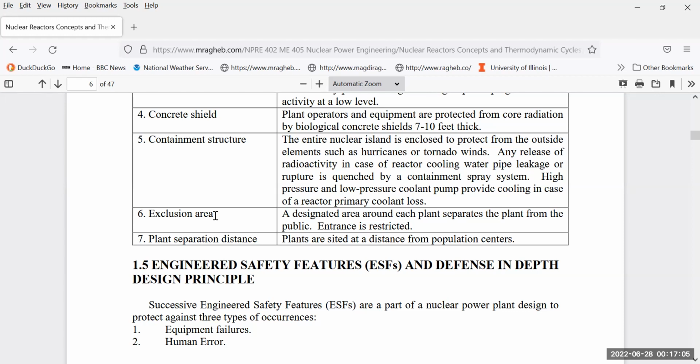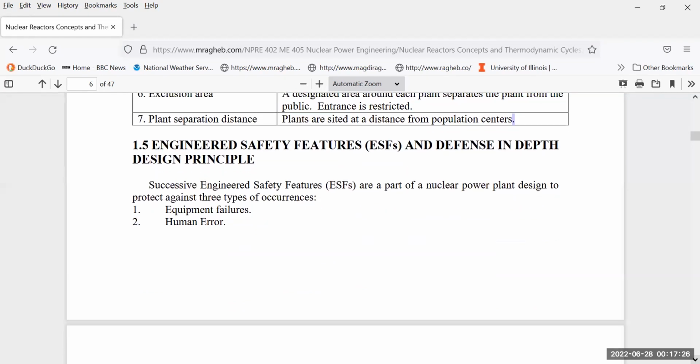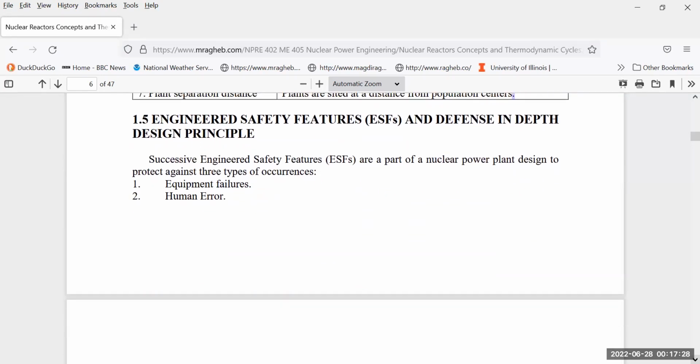Power plants are built in an exclusion area where the population density is controlled. So in the case of an accident, they are not affected by any release of radiation. And there are plant separation distances from the population center when we site a nuclear power plant. So you'll find that different power plants have what we call the ESFs, or engineered safety features.